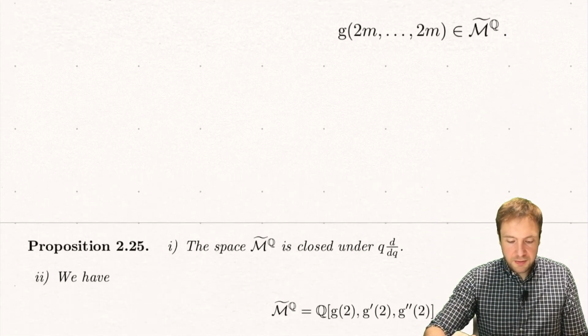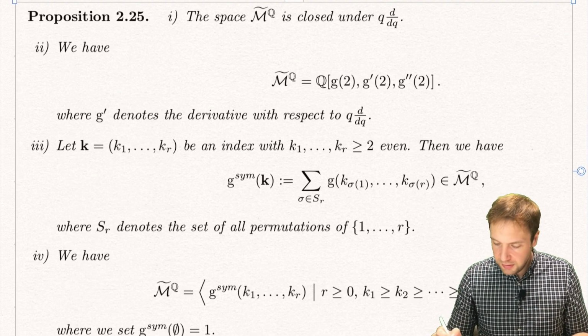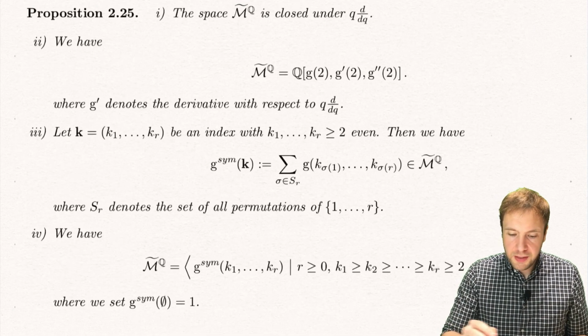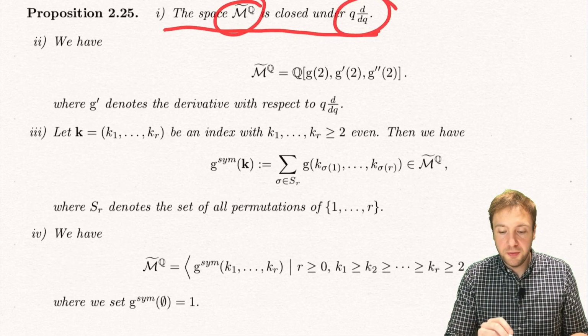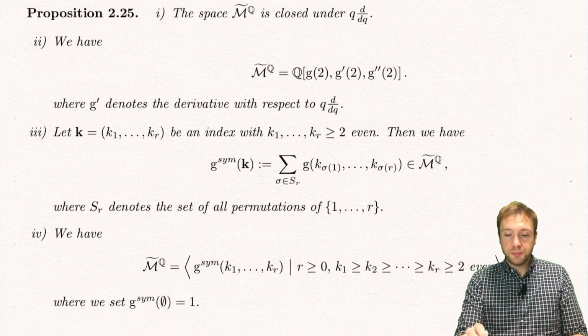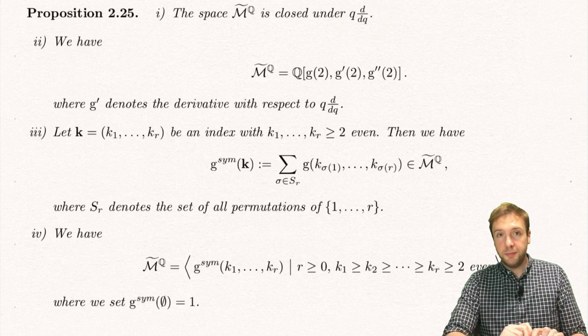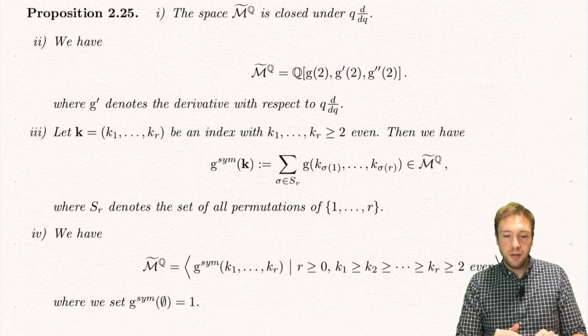Okay, and then at the end I want to mention this proposition here, which is homework. Namely, one thing I mentioned, that this space of quasi-modular forms is actually closed under this derivative. So for this you just need to say what happens if you take the derivative of G2, G4 and G6, and then using Leibniz rule you can conclude that the whole ring is closed under this operator.